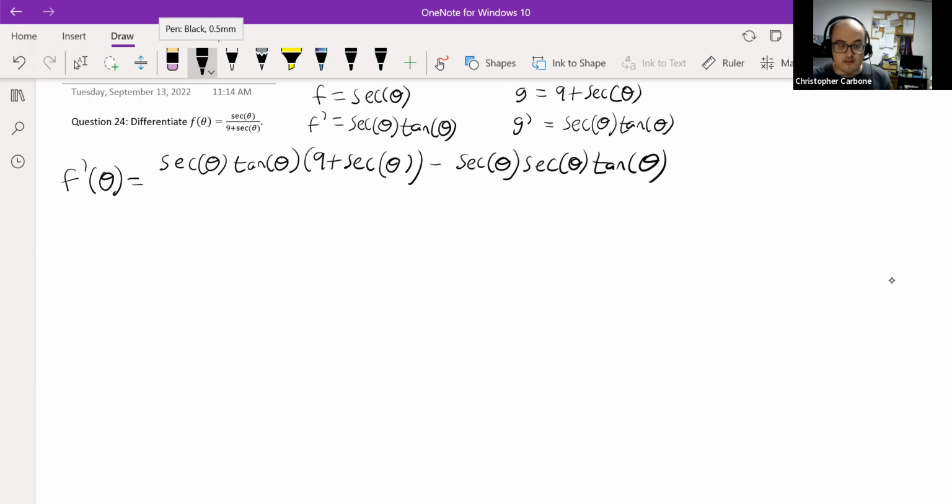So once we distribute, and all this is divided by, I almost forgot this, all of this is divided by 9 plus the secant of theta squared.